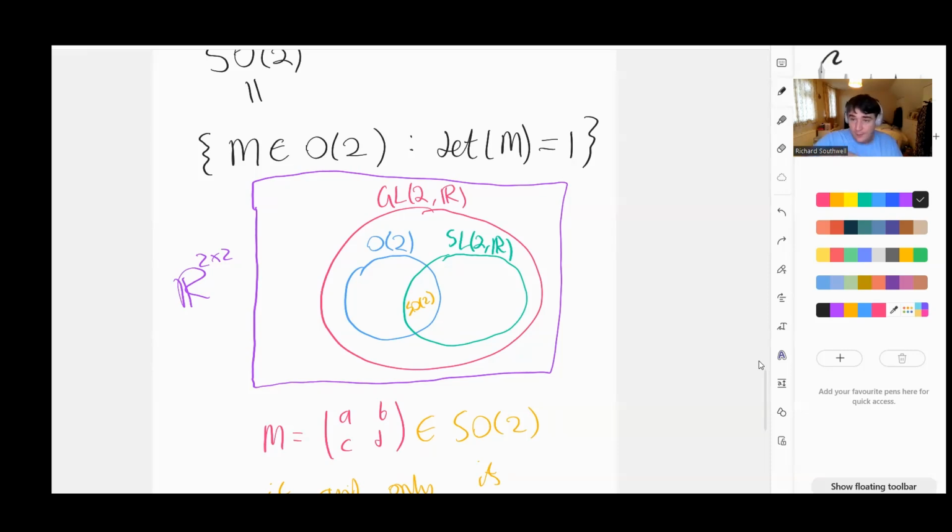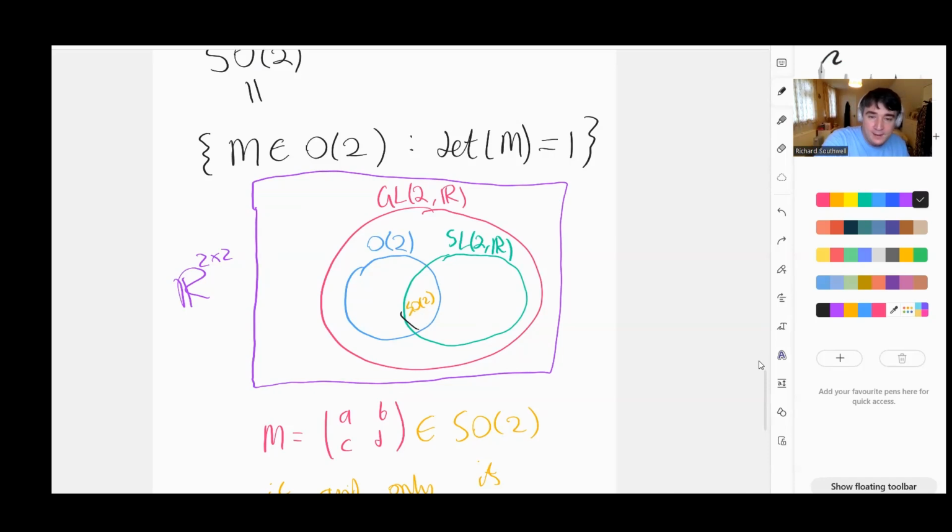And then out of these, we can see even more special things. For example, we have this special linear group, and this consists of all the matrices that have a determinant of 1. And then we have this O2 here. This consists of these invertible matrices whose inverse is equal to the transpose. And then the intersection of these two is this SO2 here.